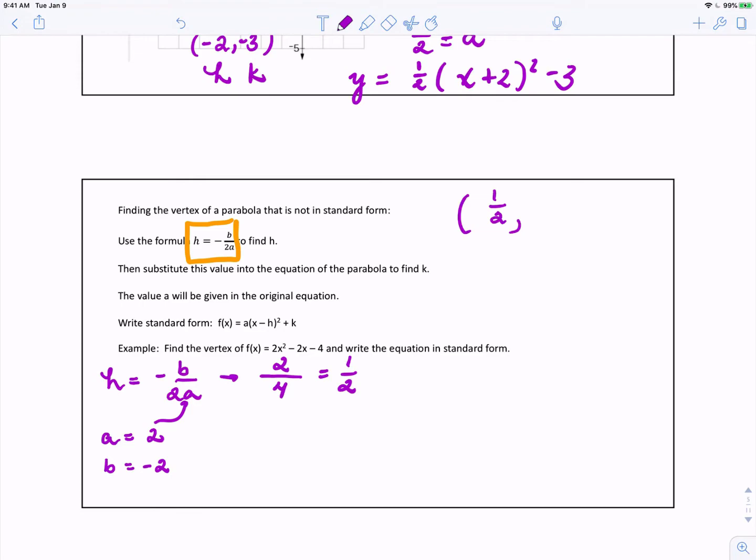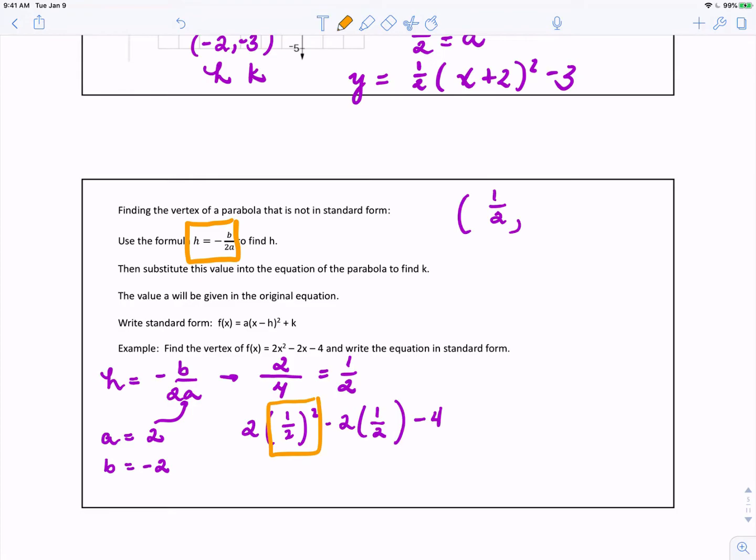So we're going to find out that k is equal to 2 times 1/2 squared minus 2 times 1/2 minus 4. So don't be intimidated by the fractions, just work through them, or if you don't like them, feel free to work in decimals.